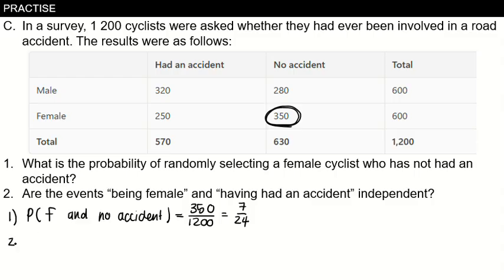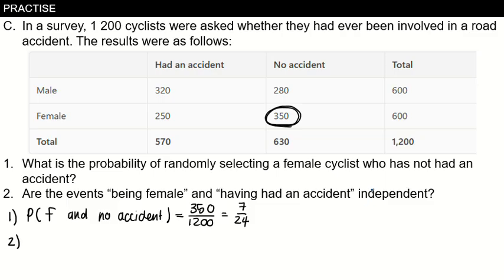Now question 2 asks, are the events of being female and having had an accident independent? So we are asked to see, are these events independent?